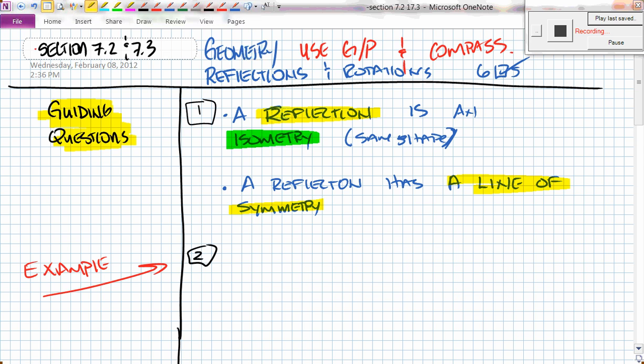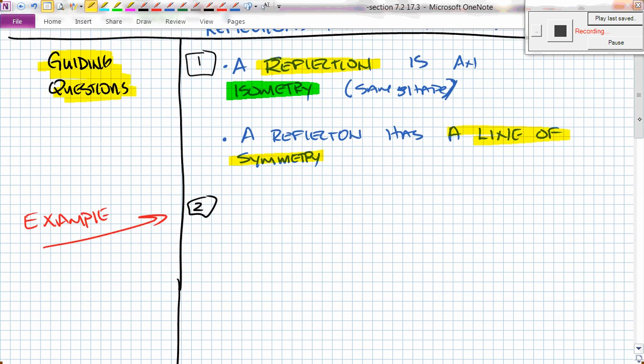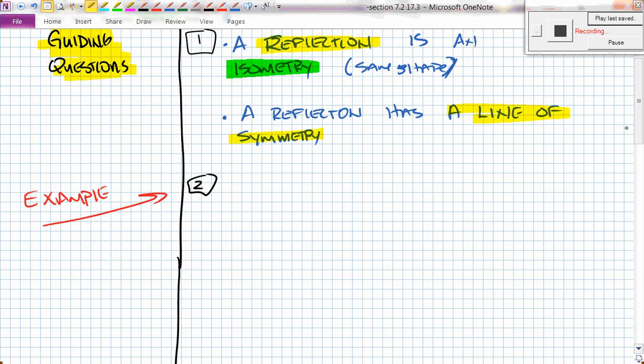It has at least one line of symmetry. Some could have more, and we're going to talk about that in my next example. So the idea to take away is that a reflection is an isometry, which means it has the same shape, and a reflection has at least one line of symmetry. So here's an example.